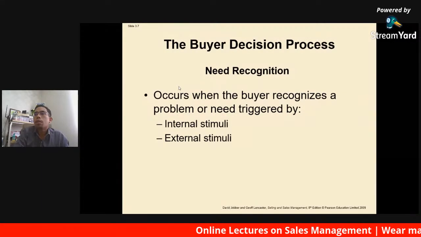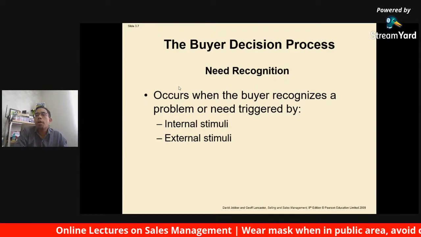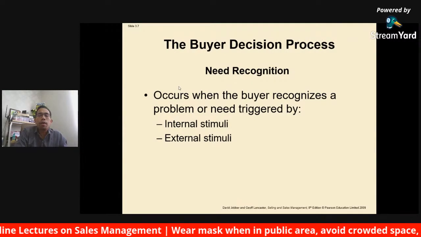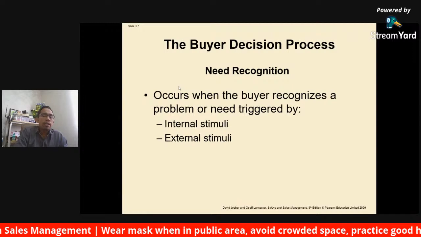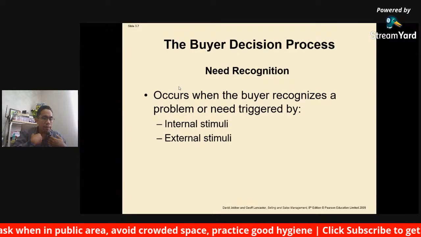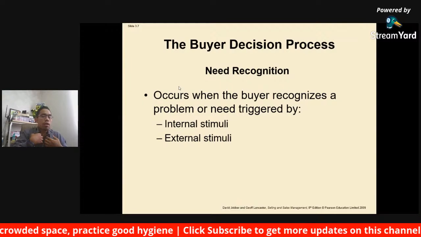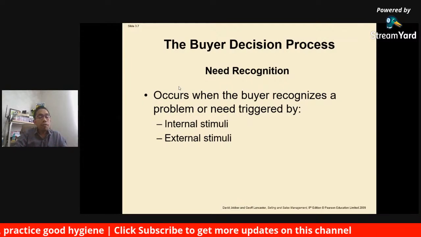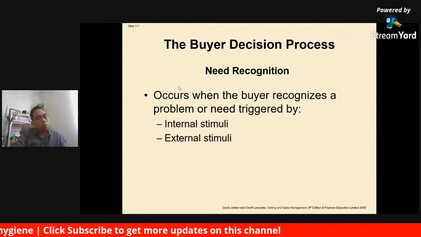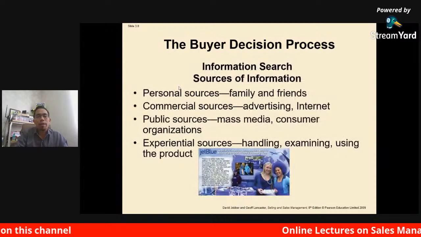So we start with the buyer decision process. Need recognition occurs when the buyer recognizes a problem or need triggered by internal stimuli or external stimuli. From yourself, your own determination, we call it internal stimuli, or when someone asks you or shows you something very interesting, we consider that external stimuli.